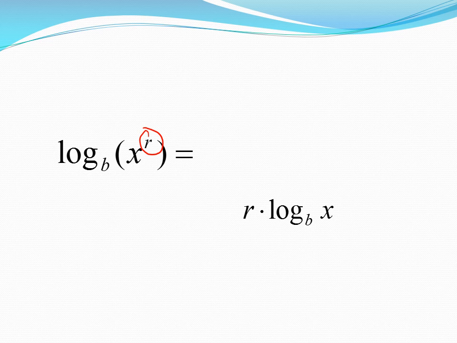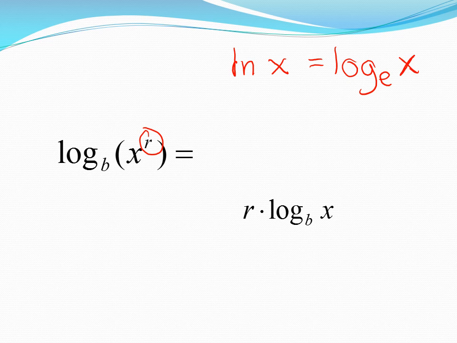And another thing to keep in mind, whenever it's ln, we call that the natural log, because you sound silly if you just keep saying ln, ln, ln, say natural log. But a thing to keep in mind is that the natural log of x is the same thing as saying log base e.